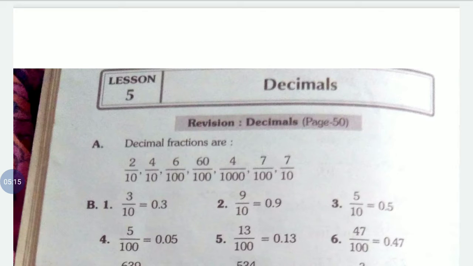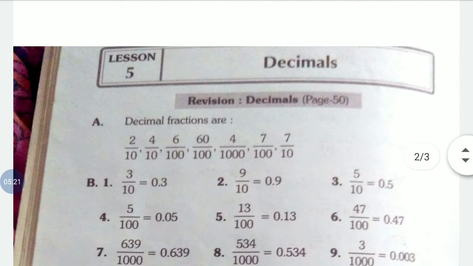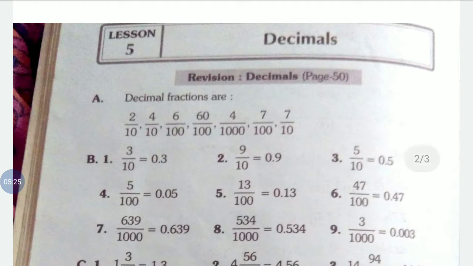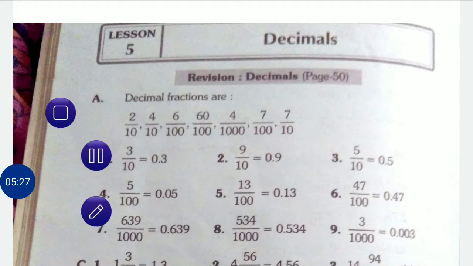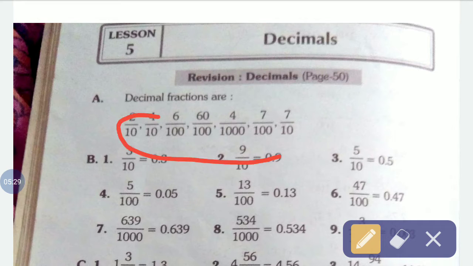Most important thing: decimals have the denominator 10, 100, 1000 or 10,000 as it is moving, and the fraction should be in this format, then only will it be a decimal. So these numbers are your decimal numbers, the remaining are only fractions.